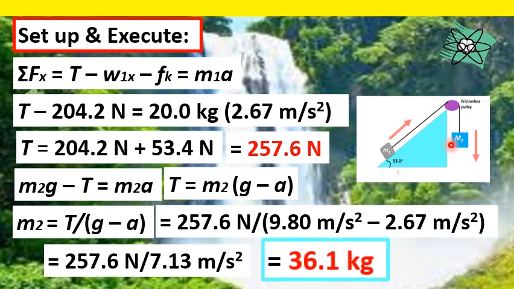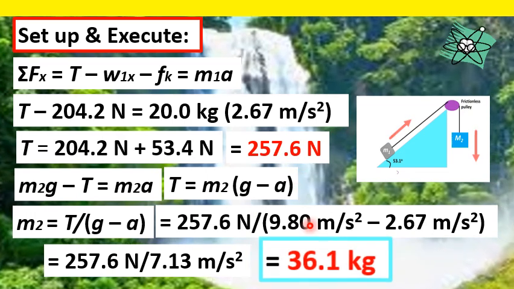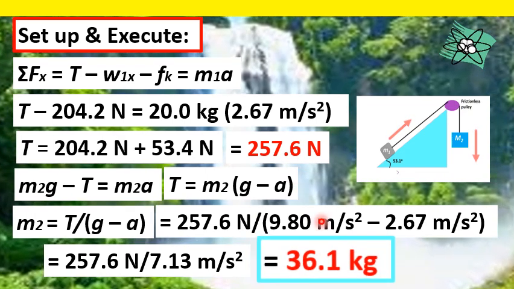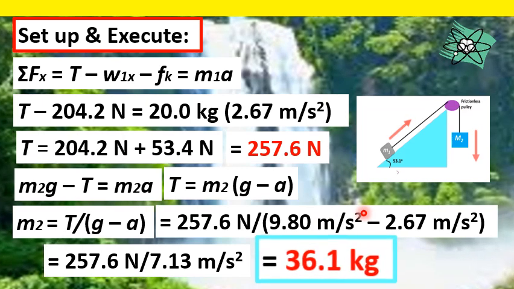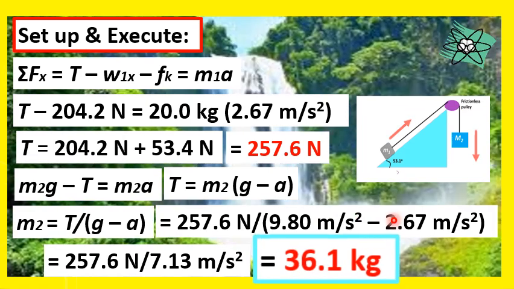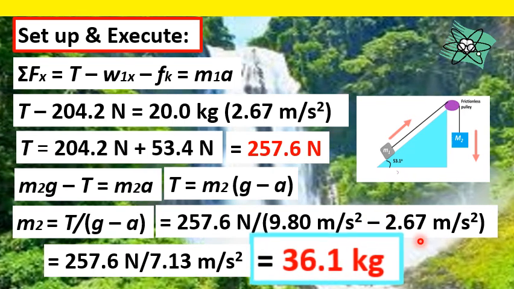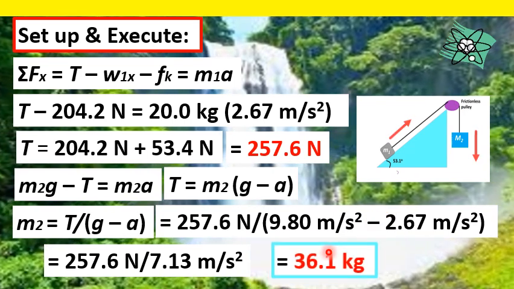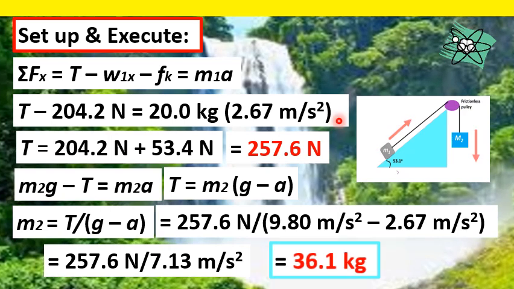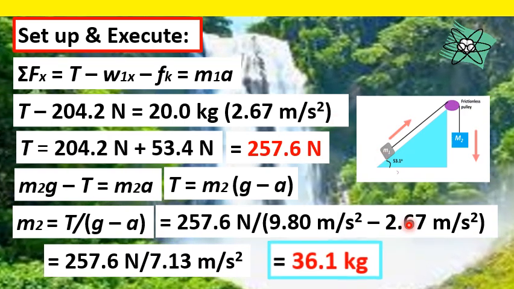So this is the mass of M2, so that the block M2 will be able to accelerate or descend through a vertical distance of 12.0 meters in 3.0 seconds after the system is released from rest.